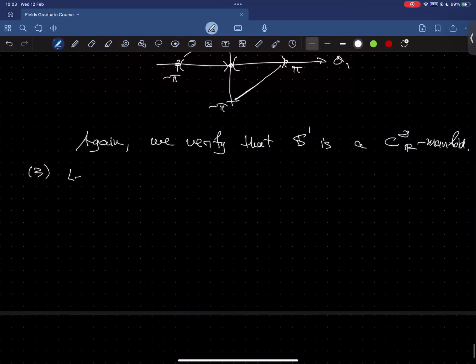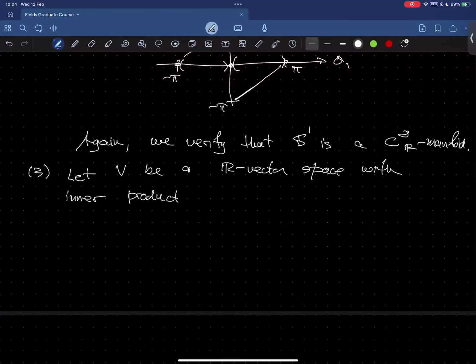All right, so let V be a real vector space. We'll just work in the real case with an inner product, and the inner product, I'm going to write it as G. So what's an inner product? An inner product takes two vectors and gives you a real number.